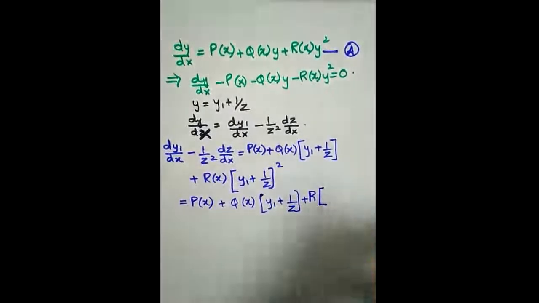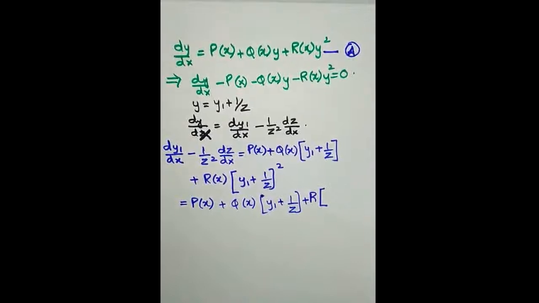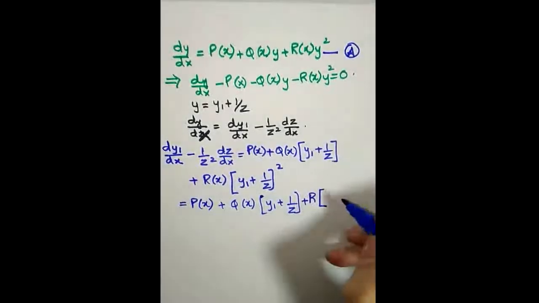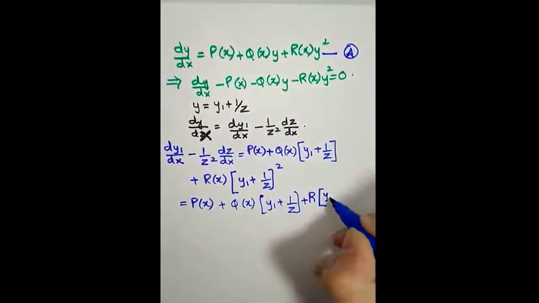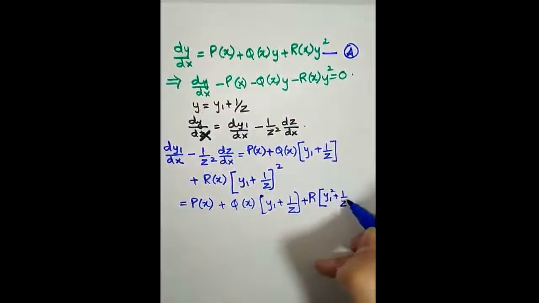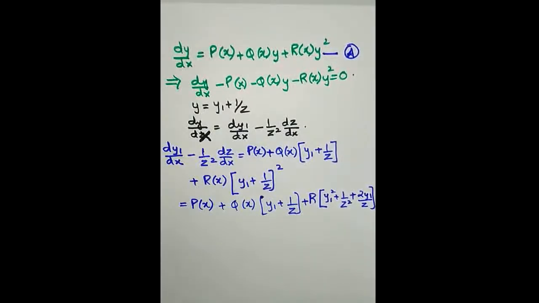I'm just writing r because p, q and r are functions of x, so from the next step I'm just writing p, q and r. Okay, so that becomes (y1 square plus 1 by z square plus 2 into a into b) whole square.